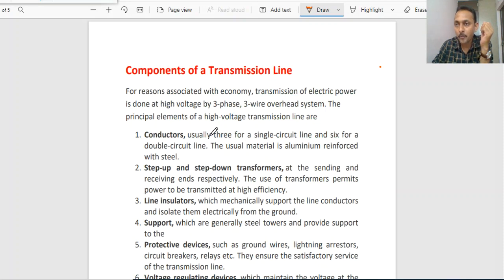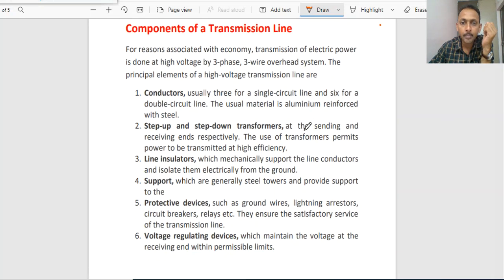In this video, we are going to discuss the components of a transmission line. What are the different components we have, dear students? Conductors, step up and step down transformers, insulators, supports, and some protective devices like lightning arresters, ground wires, circuit breakers, relays, and also the voltage regulating devices.